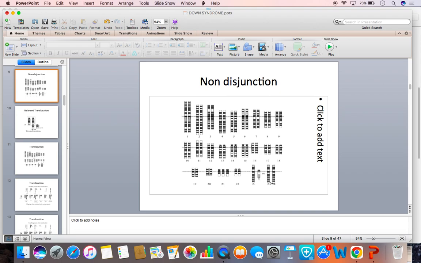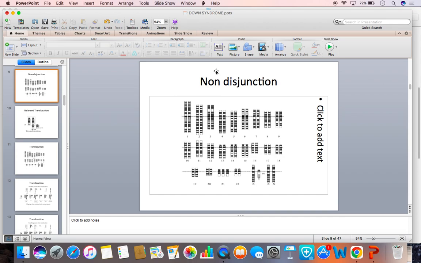Well, this is the karyotype showing non-disjunction. Here you see the 3 copies of 21 chromosome. Okay. This extra copy has come into this particular individual because of non-disjunction.